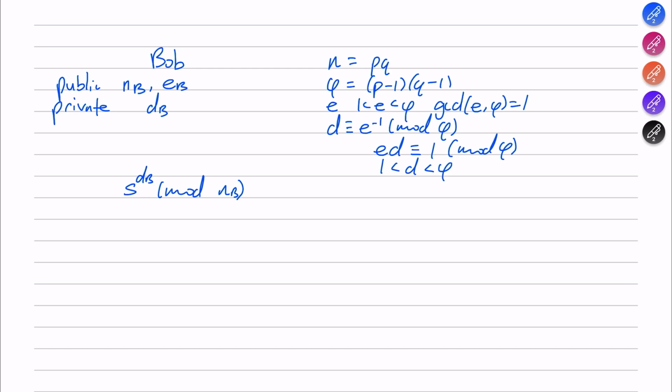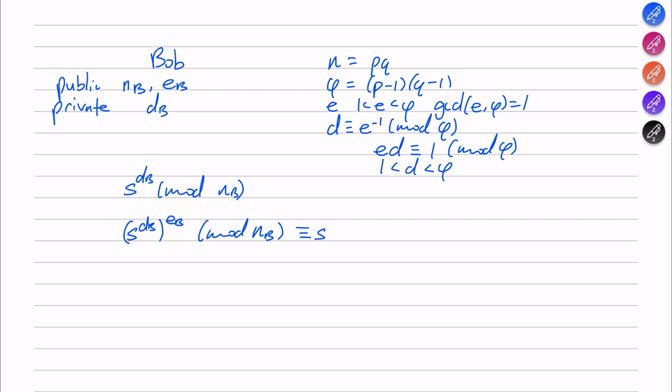He sends that with the message he wants to send, and other people can check whether or not it's really him by doing this: they raise S to the DB, all to the power of EB, and then mod NB. This would indeed yield S because DB and EB are inverses. They multiply and get to 1, and that basically means S.